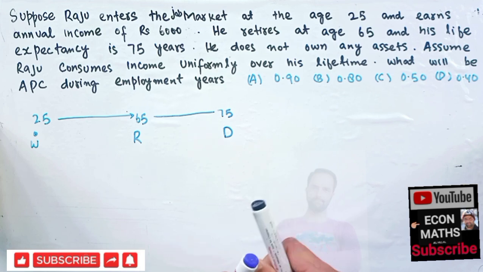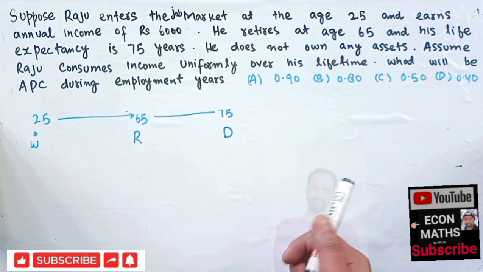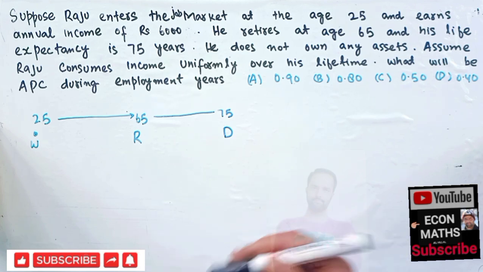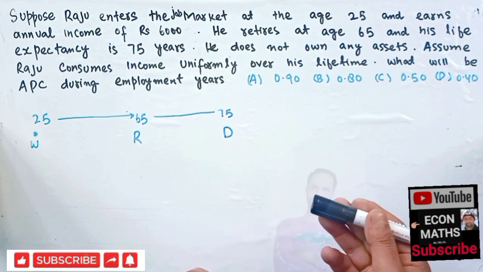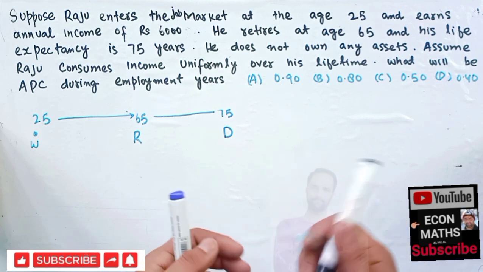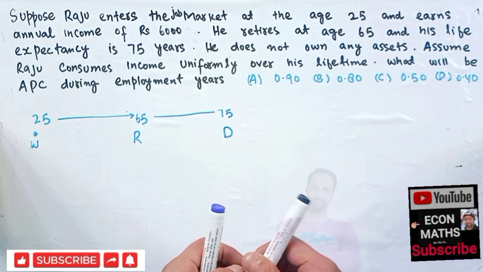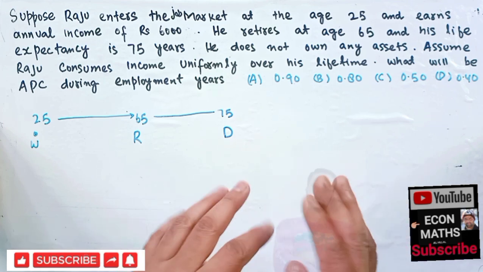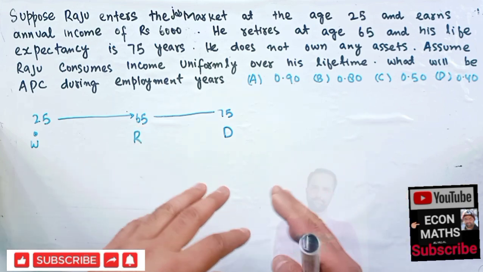Okay, but what does the life cycle hypothesis tell us? It simply says that individuals seek smooth consumption throughout their lifetime by borrowing when their income is low and saving when their income is high. And what does this mean? It simply means that individuals plan their consumption and saving behavior over their lifetime.